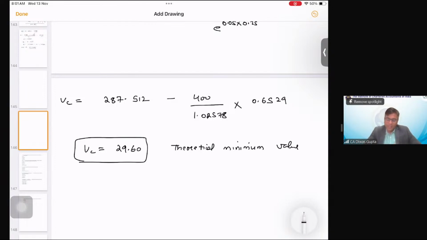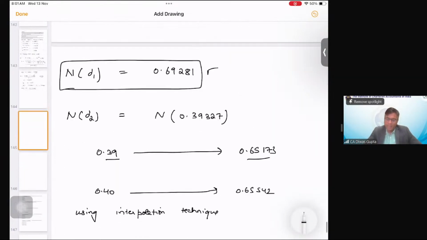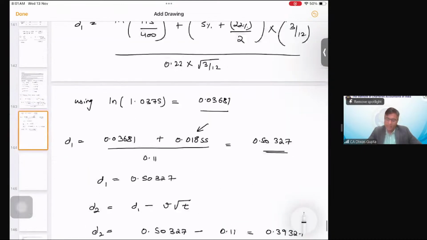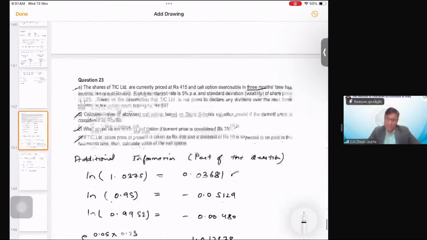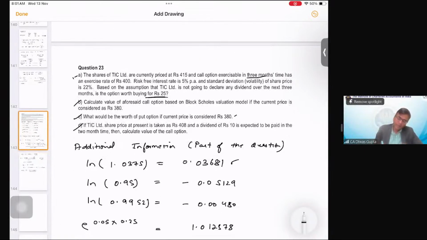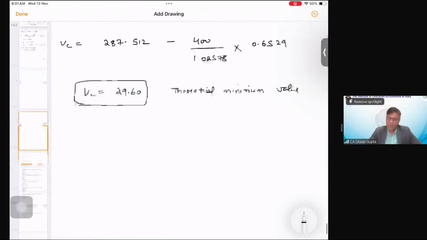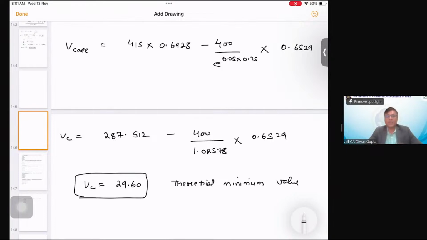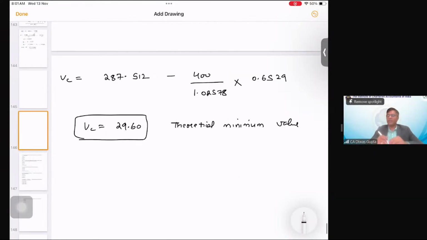Now, what is the question asking you? The question is asking what if this option is available at 25 rupees in the market? What is our value? 29.60. Now, students, tell me what is your recommendation? Whether you will prefer this to be purchased or not.